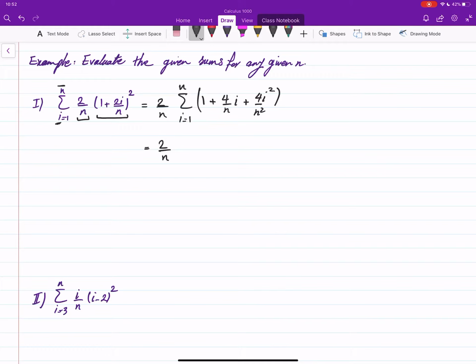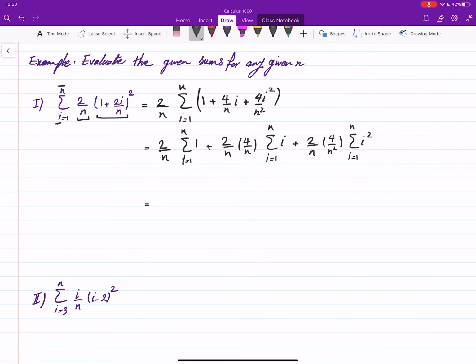We can separate these: the sum of 1, plus 2 over n times, well, there's a 4 over n also here. I can multiply that outside, 4 over n, then i going from 1 to n of i, plus there's 2 over n there, there's 4 over n squared there, then multiply by the sum for i going from 1 to n of i squared.